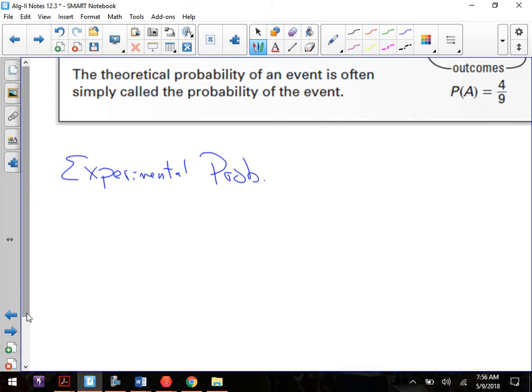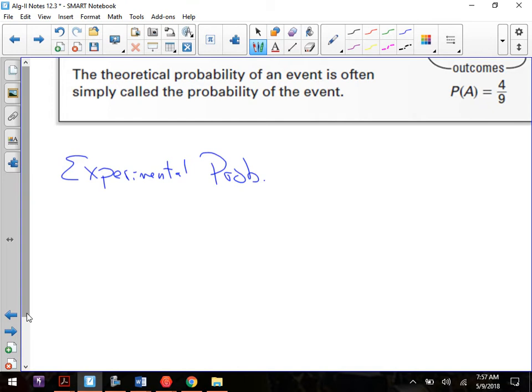So your probability of heads and tails might be different than it would be theoretically. But in the long run, things will even themselves out. The more you run that simulator, the more it tallies up, the more it will approach its theoretical probability.